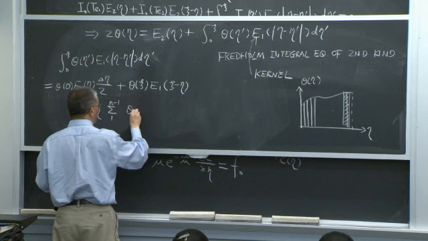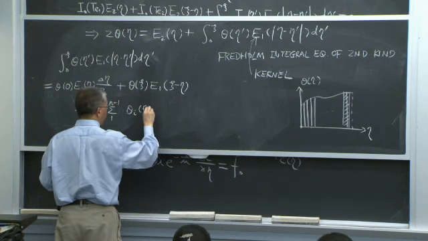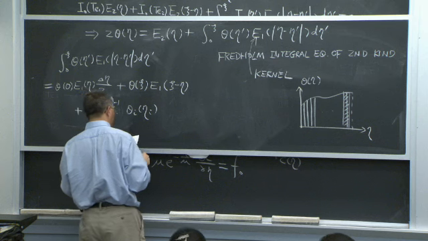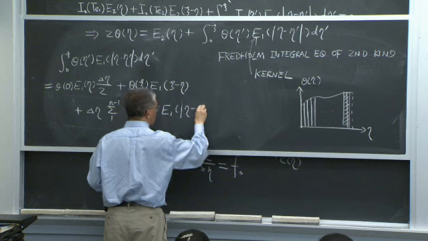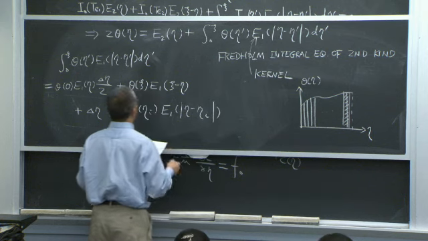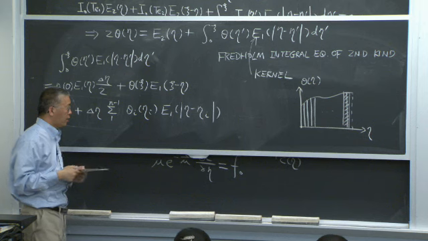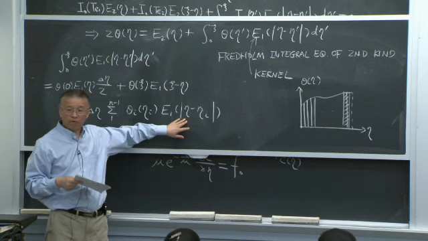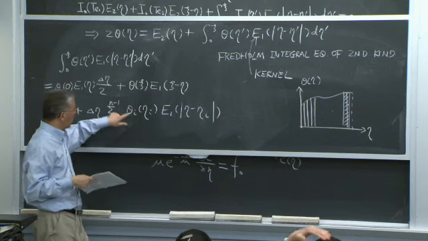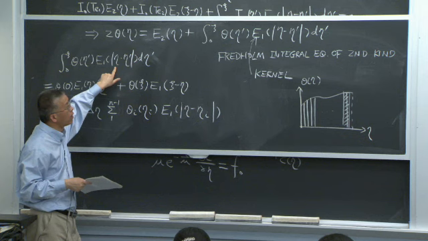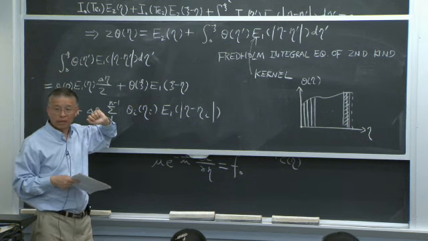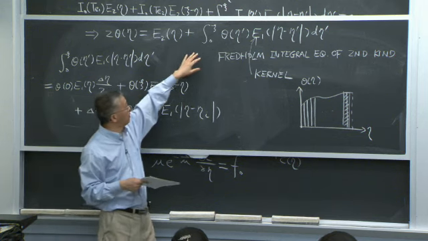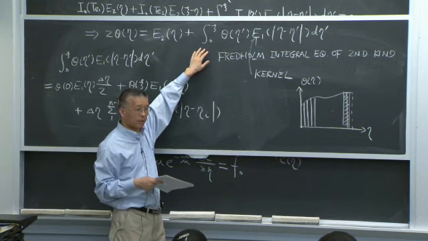I have theta I, eta I, E1 of eta minus eta I. So I'm discretizing eta prime, right? So eta is the point I want to find, right? Theta eta, say eta is any point where this equation is satisfied. Okay? So this is my discretized term here.